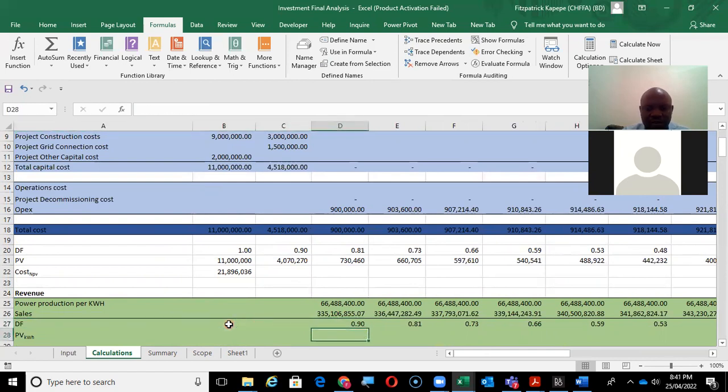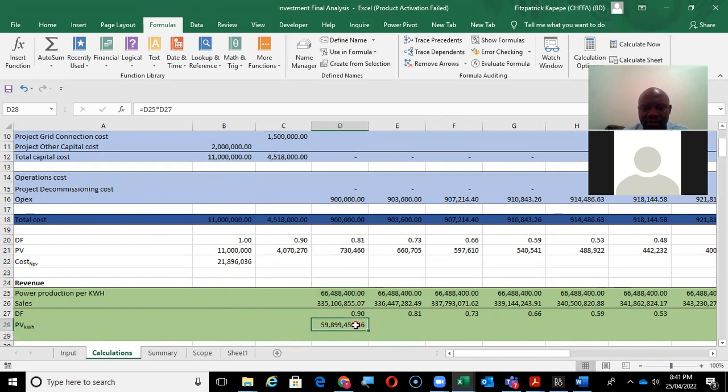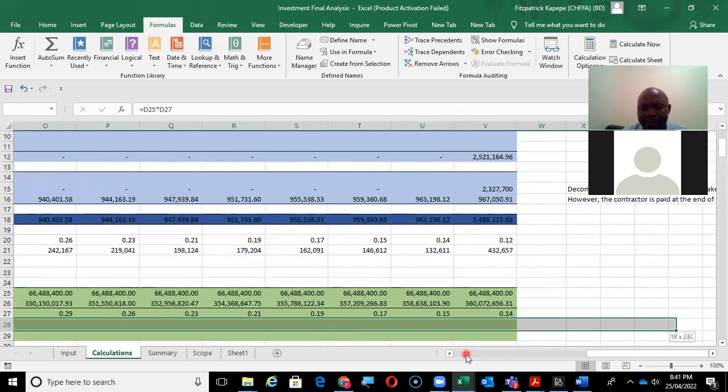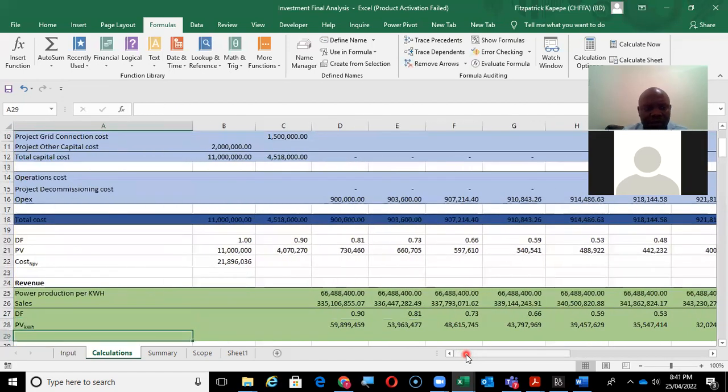So you have now, you have to get your energy so that you find the present value of your energy, which is that. Then now you have your NPV, net present value.